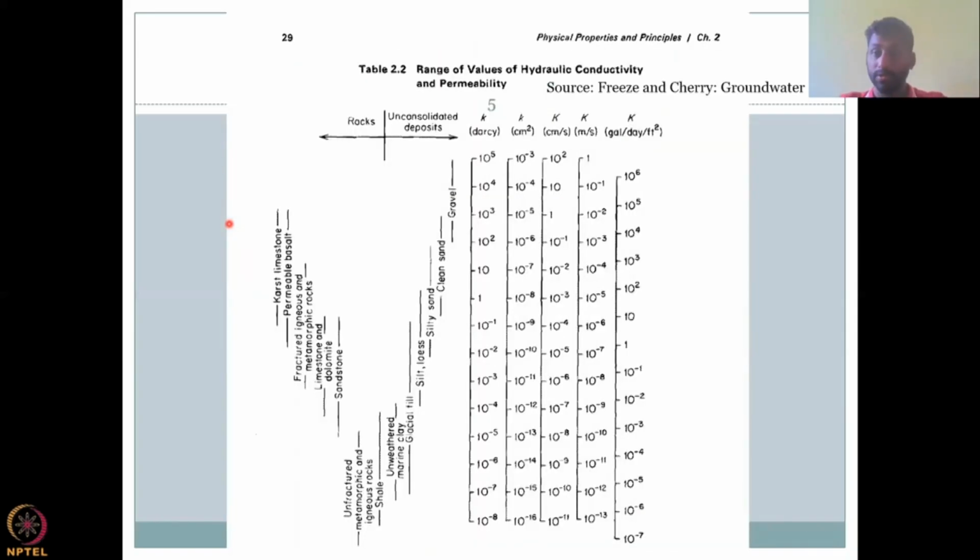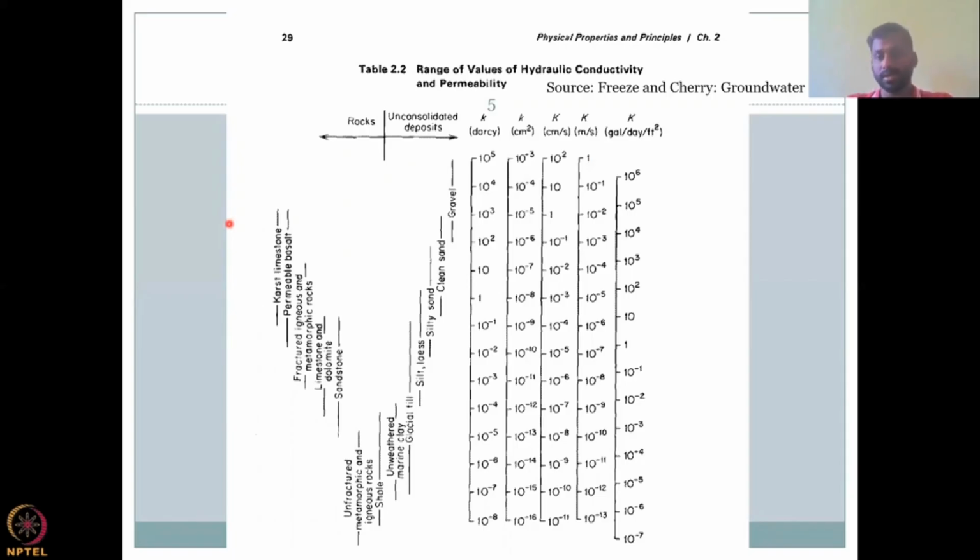So let's look at the values and the units. Hydraulic conductivity has units of velocity, given as meters per second, whereas permeability is in centimeter square, or it is called Darcy. Darcy invented these terms, so he has his name associated with the unit.